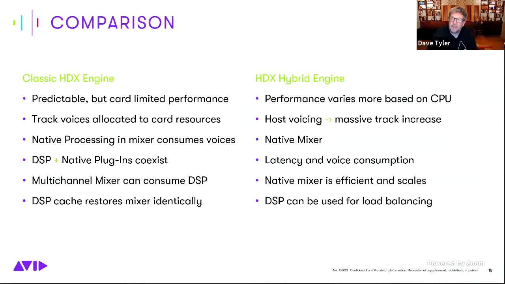On my humble Mac Mini, it struggles a bit if I try and run a couple of thousand tracks. But still, with these powerful CPUs, we can get much more out of them than we've ever been able to do. Moving to the host CPU gives us this massive voice and track increase because we're not limited by the hardware anymore.